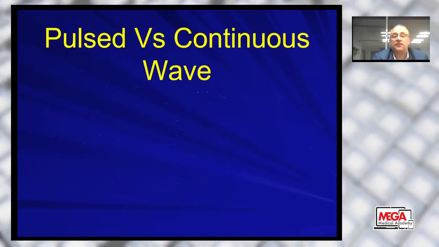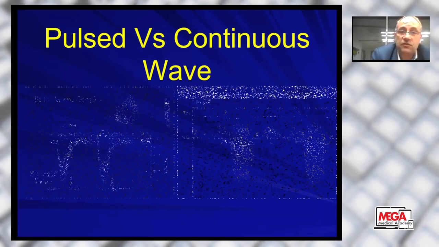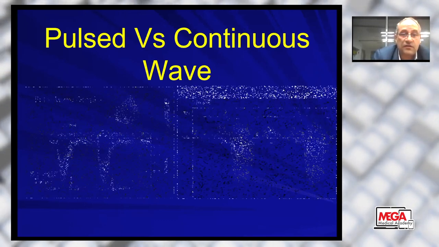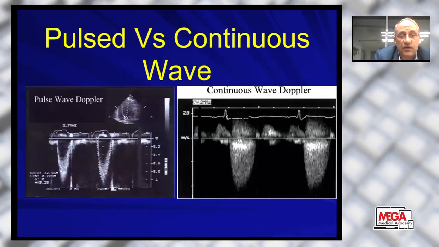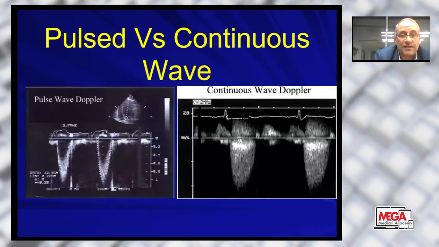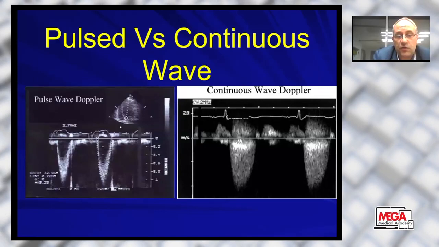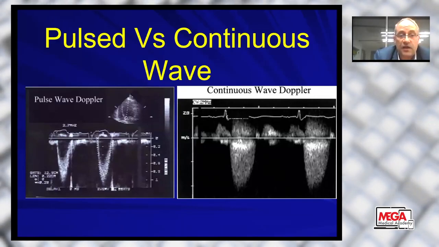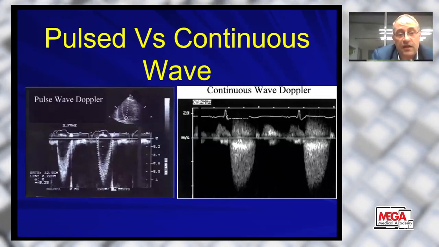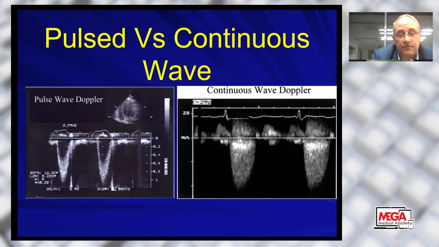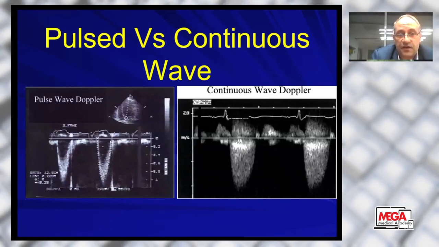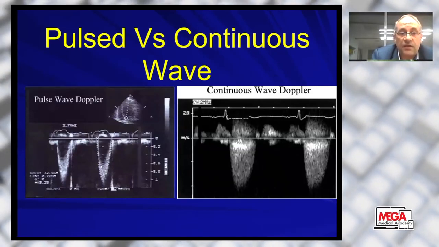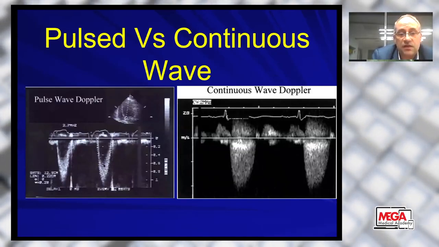So what is the difference between the pulsed wave versus the continuous wave? In the pulsed wave, we have this circle or arrows that define the specific location where I measure the velocity. On the scale, it appears like a white line encircling the curve, and the white dots. What do these white dots represent?